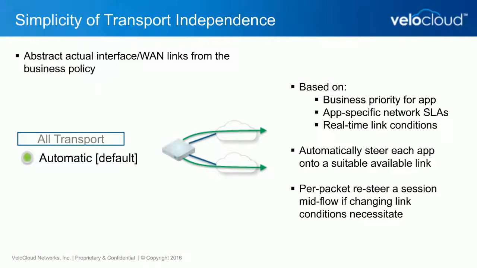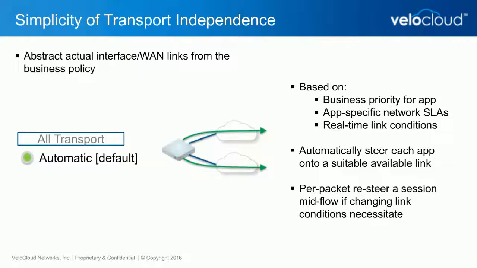But the goal in terms of an SD-WAN solution being able to set this would be very simply, for application traffic, define all transport as available for that traffic and let the system automatically decide, based on the business priority for the application, the application-specific requirement of the network in terms of capacity, jitter, latency, and packet loss, as well as the real-time link conditions, automatically figure out which link to steer each application onto, and not have that set as a static policy.